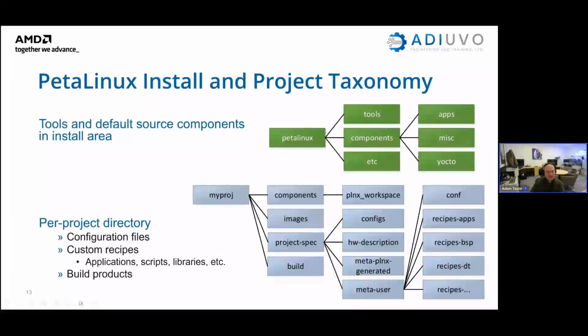Under there, we'll see any configurations that we've made, any recipe changes for applications, and any changes to the board support package, particularly the device tree. This gives us a nice, flexible environment to work in and to create our PetaLinux solution.